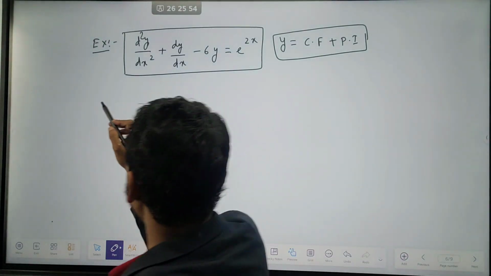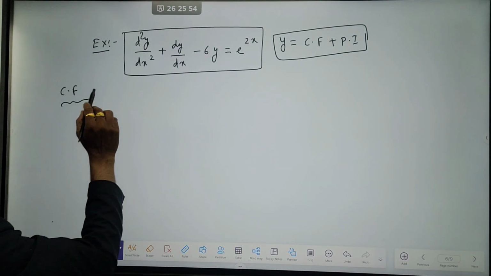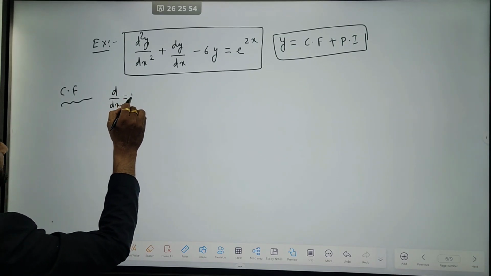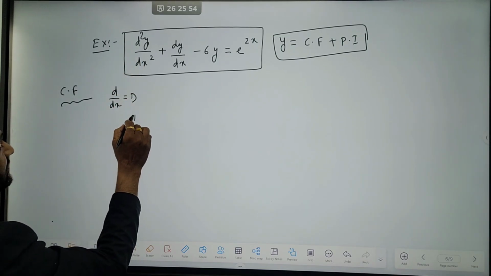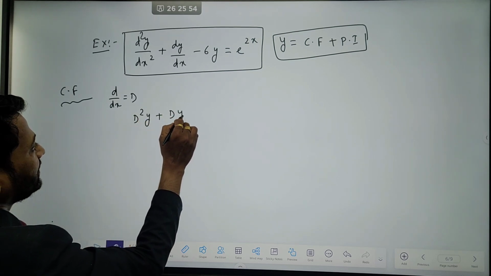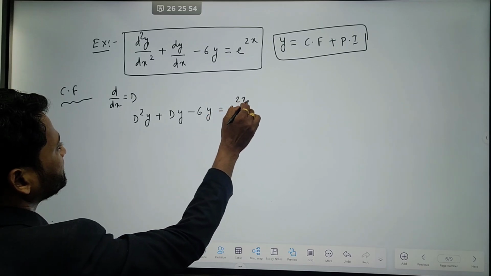To find CF, what will we do? First, we will assume d by dx as D. Then your equation becomes D square y plus Dy minus 6y equal to e to the power 2x.